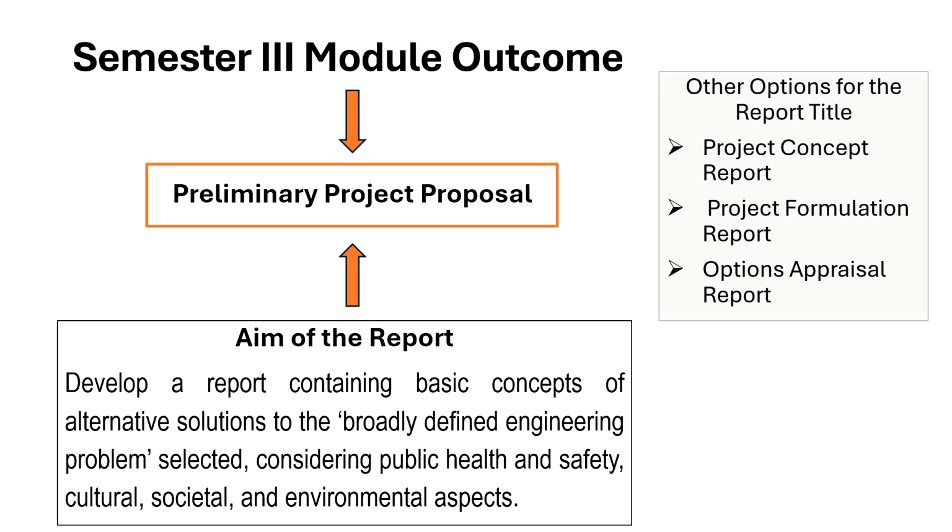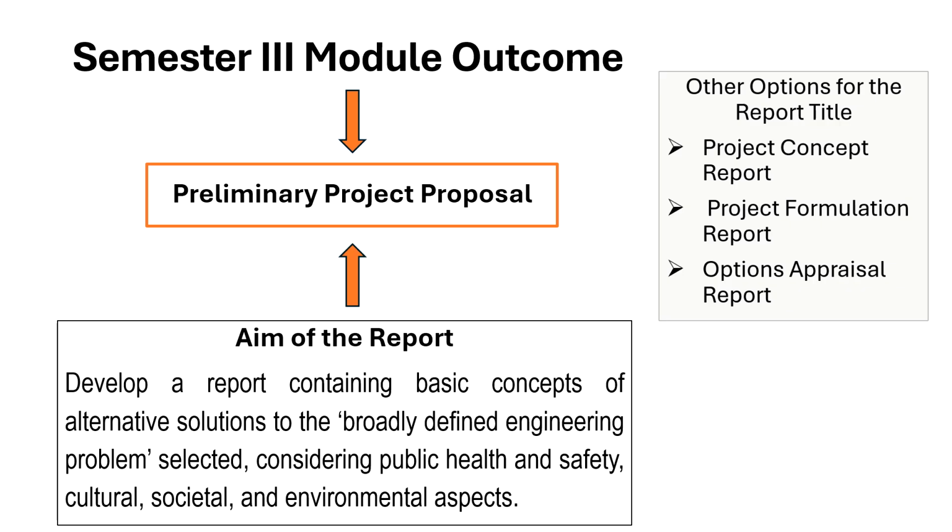What is the aim of this preliminary project proposal? To develop a proposal containing basic concepts of alternative solutions to the broadly defined engineering problem selected, considering public health and safety, cultural, societal, and environmental aspects. So I think now I have repeated about 3 times what are the aspects to be considered in semester 3.